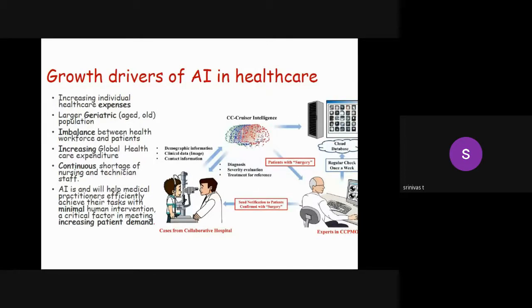Continuous shortage of nursing and technician staff, so therefore you have to get into AI-based solutions. AI will help medical practitioners efficiently achieve their tasks with minimum human intervention. That is a very important point: minimum human intervention, a critical factor in meeting increasing patient demand. So it will also meet the patient demand. One example is cloud-based treatment with telemedicine, which is self-explanatory.